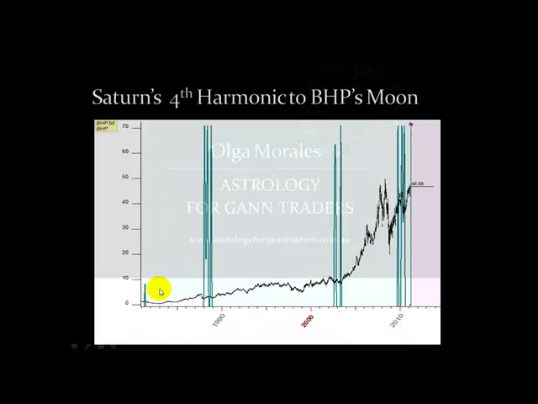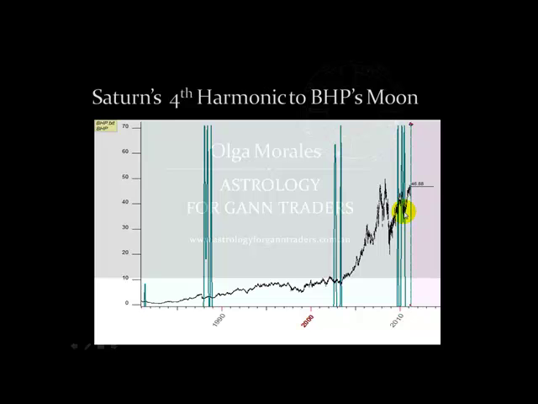So basically what I've done here, again, is plot when Saturn's fourth harmonic was making a hard aspect to BHP's Moon. You can see this period just after the crash in 1987, here again in 2003, and here in periods that we've just gone through, when we had these low times.